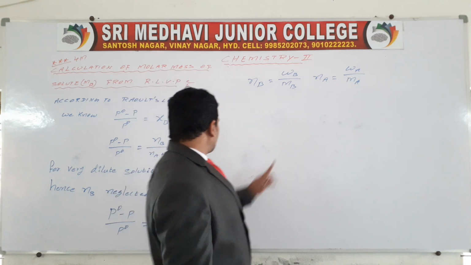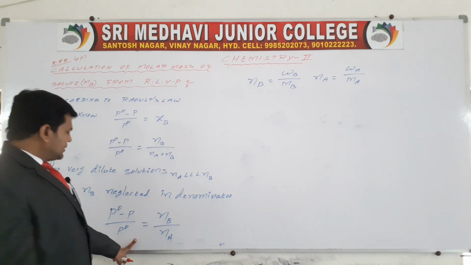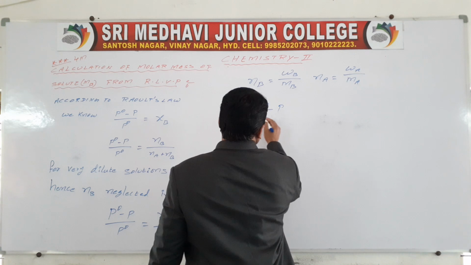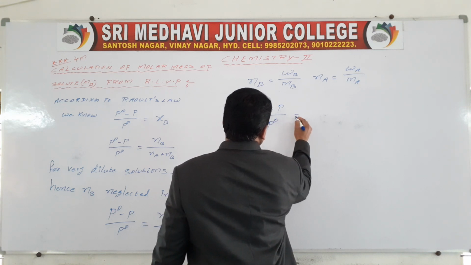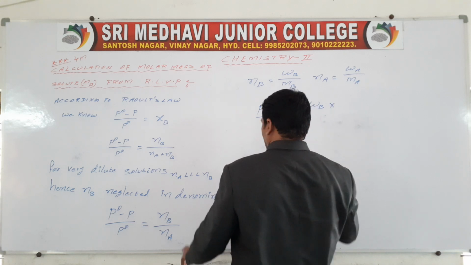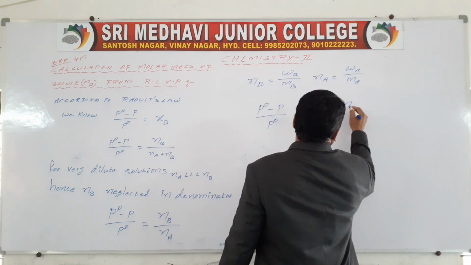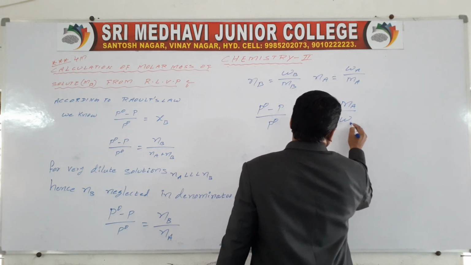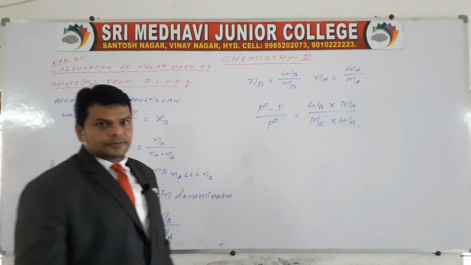NB, NA values I am writing in this equation. Then P naught minus P by P naught is equal to WB into MA by MB into WA.